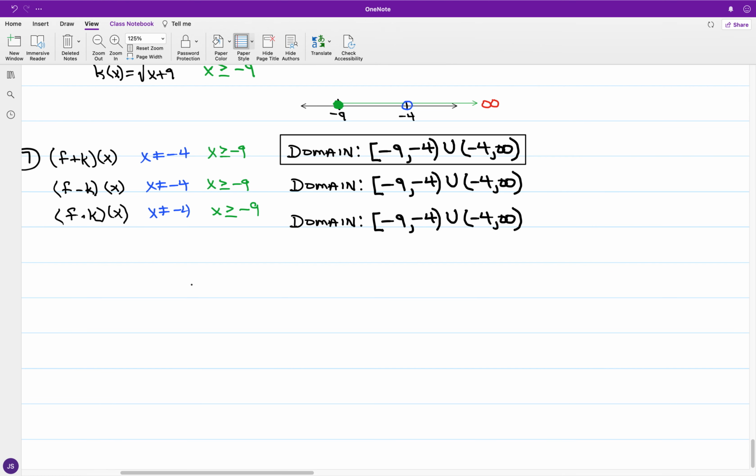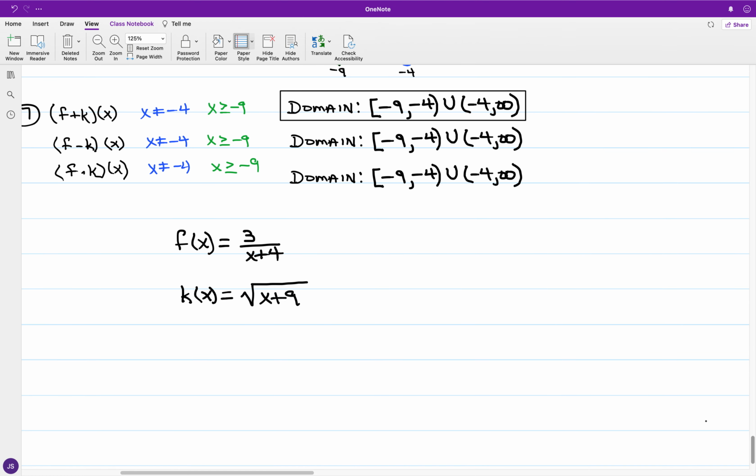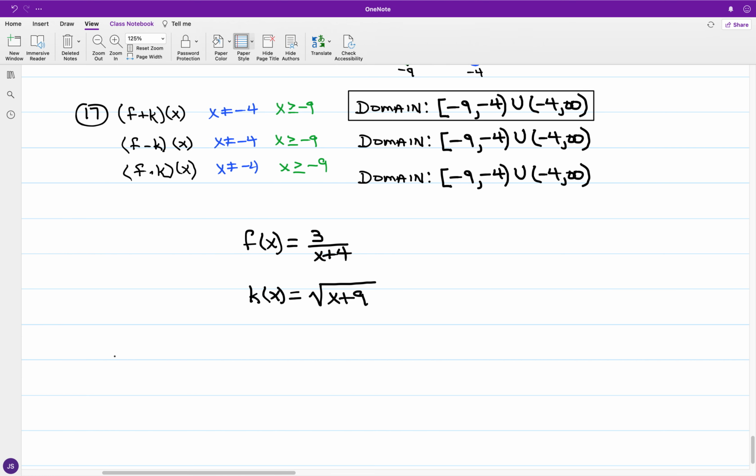okay, so again we have f of x is equal to 3 over x plus 4, and k of x, we're going to have the square root of x plus 9. Now for f over k of x, I still have to be able to work with both f of x and k of x.